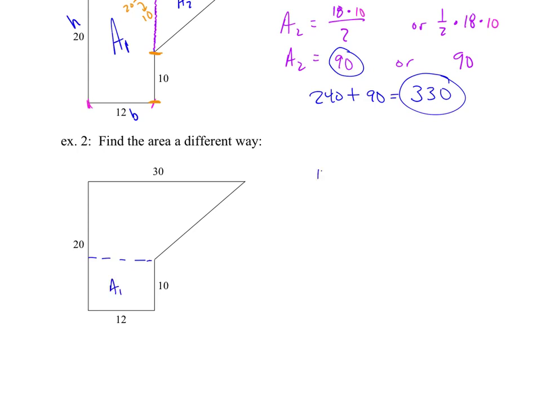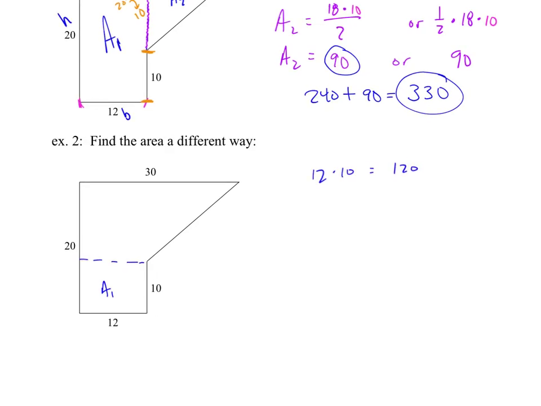Area 1 is 12 times 10, which gives me 120. Area 2 is a trapezoid, equals my height, which is 10, times 30 plus 12, all divided by 2.